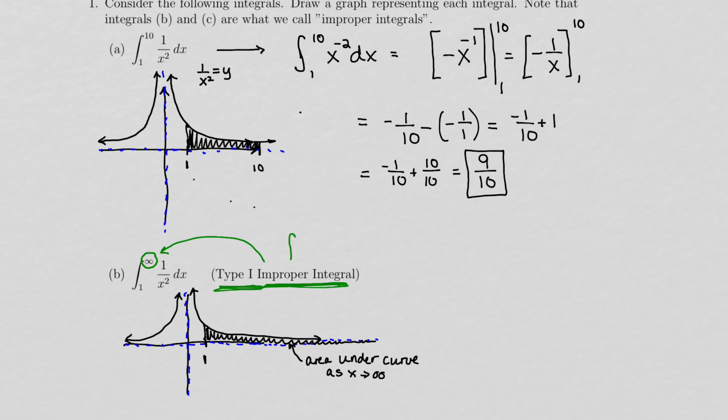So type 1 improper integrals are defined to be integrals that have an infinity or negative infinity at their limits, okay? So either you're going to infinity or you're coming from negative infinity. Those classify as improper integrals. And sometimes they result in a finite number, and sometimes they result in an infinite number.